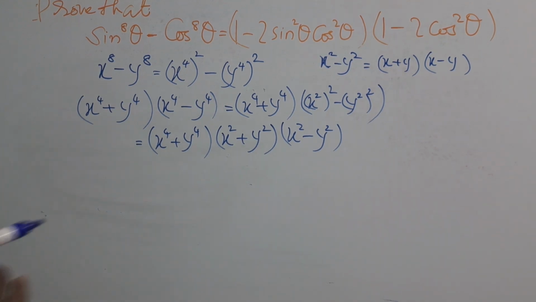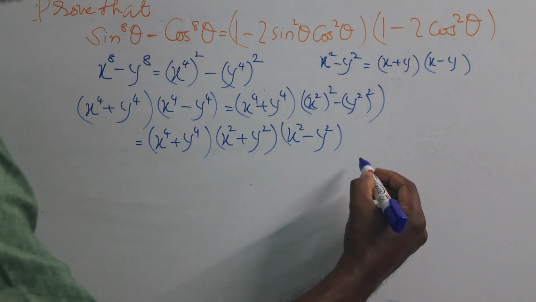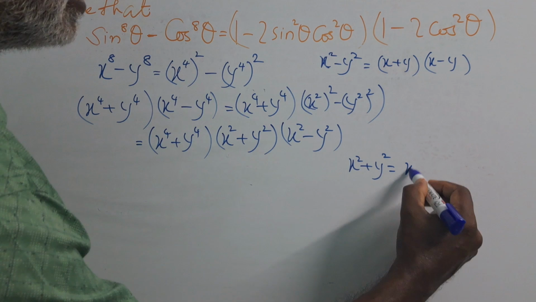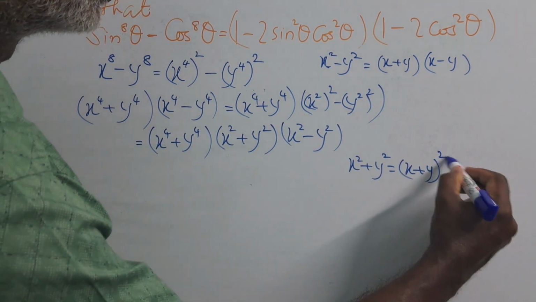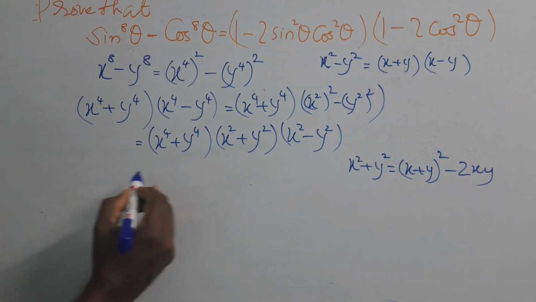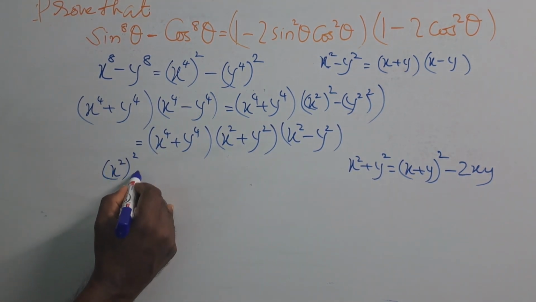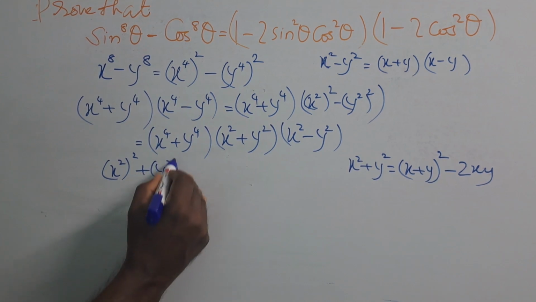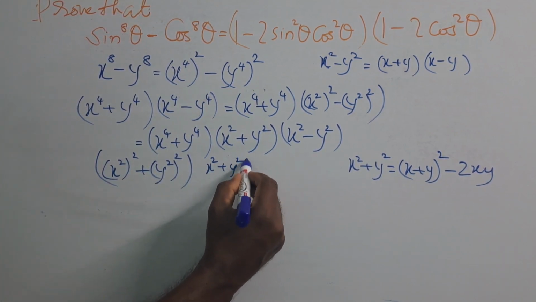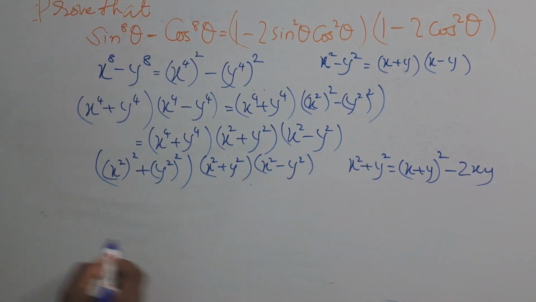Here we substitute x raised to 4 plus y raised to 4 using this identity. X square plus y square is equal to x plus y the whole square minus 2xy. Here this can be expressed as x square the whole square plus y square the whole square into x square plus y square into x square minus y square.